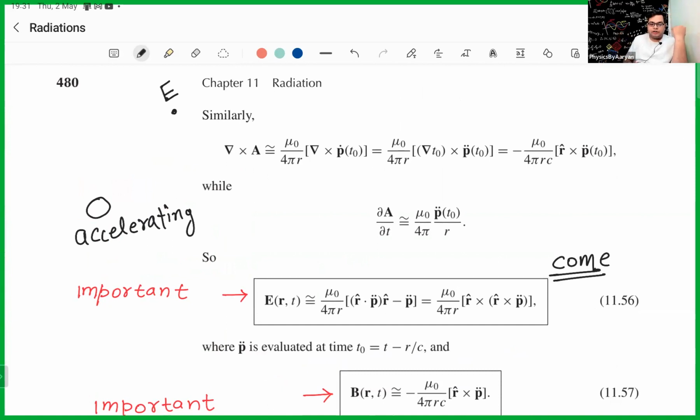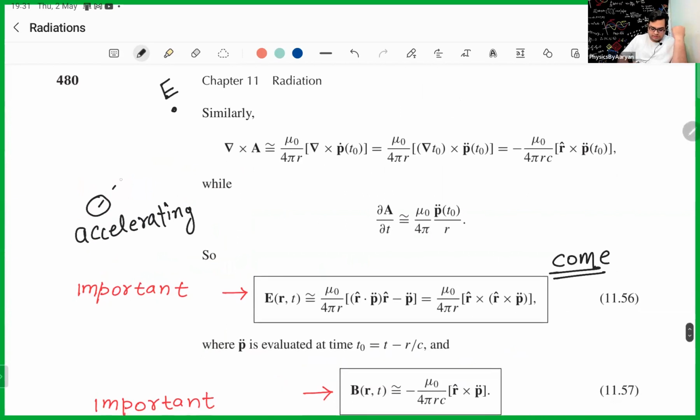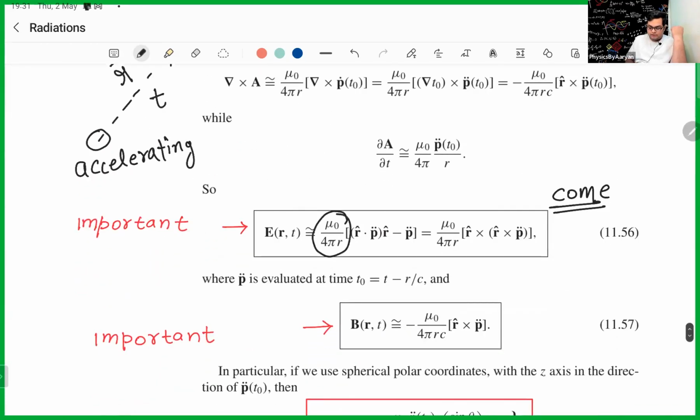The formula for electric field, let's say this distance is r vector, at time t comes out to be mu naught by 4 pi r, times r cap dot p double dot, where p is the dipole moment and I have to take the double derivative of that, into r cap minus p double dot.